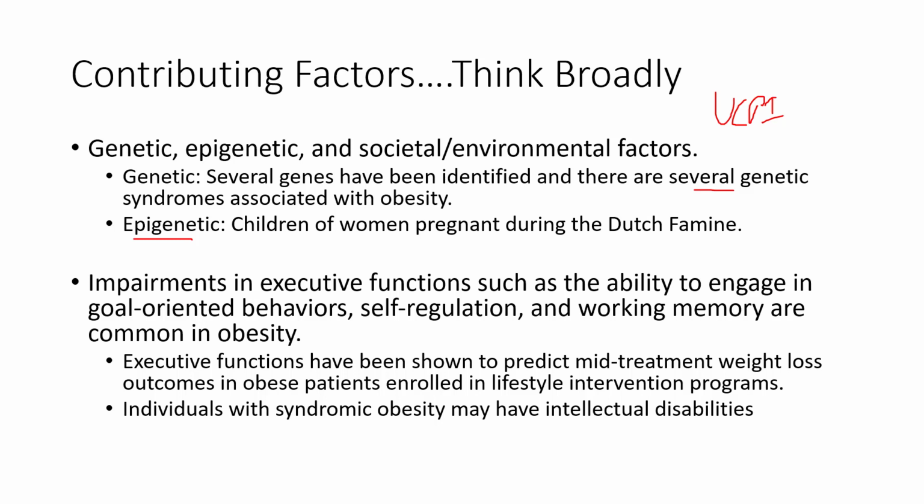The children of women who were pregnant during the famine have a higher risk for developing obesity, and we think it's because there was an epigenetic change that affected genes in those offspring to retain calories, right? So we think there are potentially epigenetic contributors as well, and even exposures to obesogenic products during pregnancy, we think, can affect the offspring. So again, there are some genetic and epigenetic contributors as well.